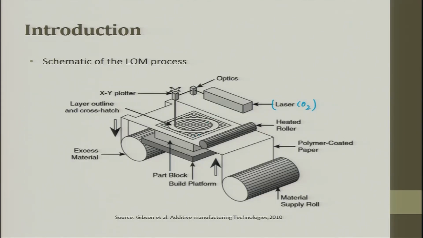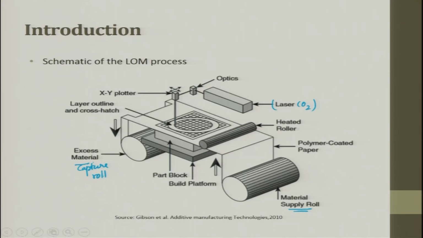Now you can think of who is going to place a sheet every time. This sheet has to be continuously fed. So, we have a reel, that is a material supply roll, and an excess material capture roll.